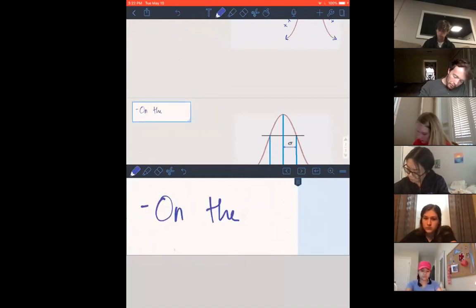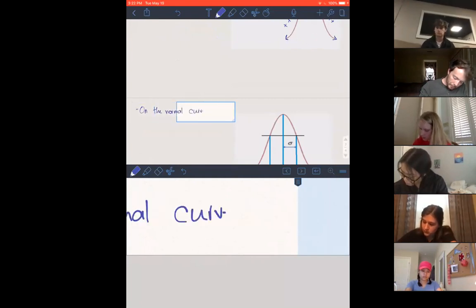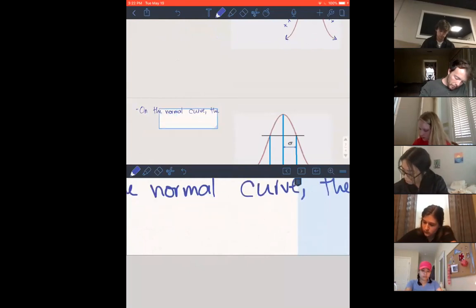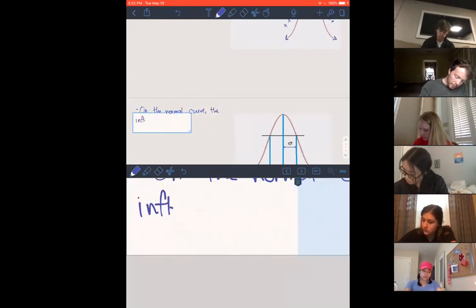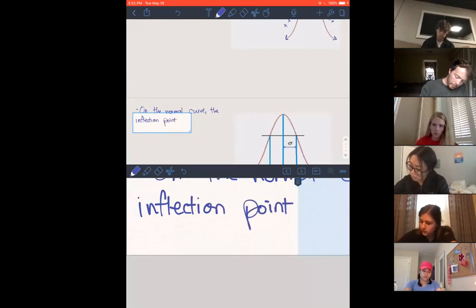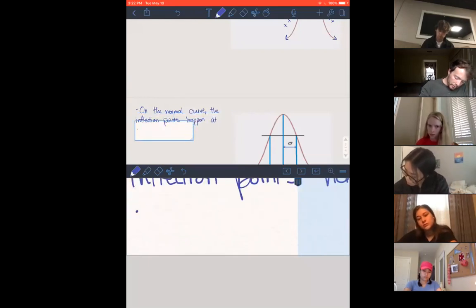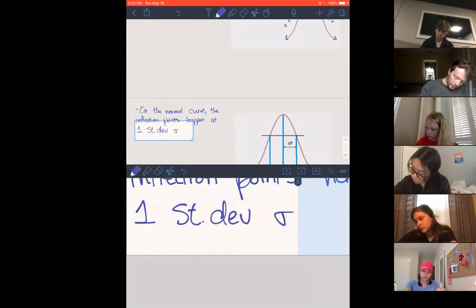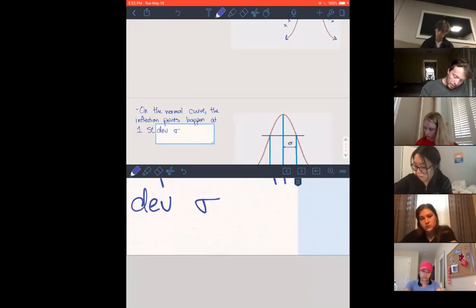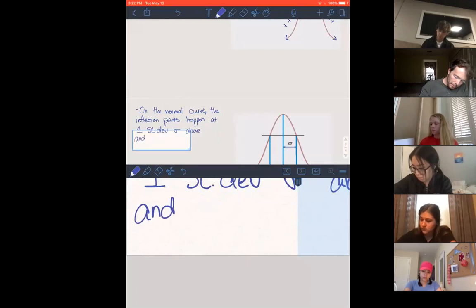So on the normal curve, the inflection points happen at 1 standard deviation, sigma, and I'm going to get to that in a second, above and below the mean.